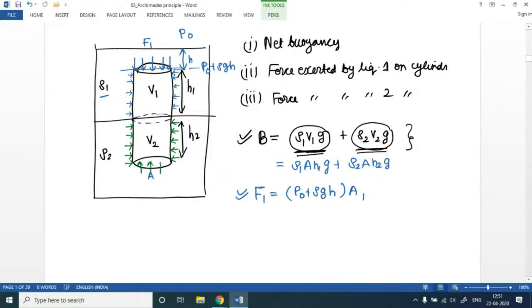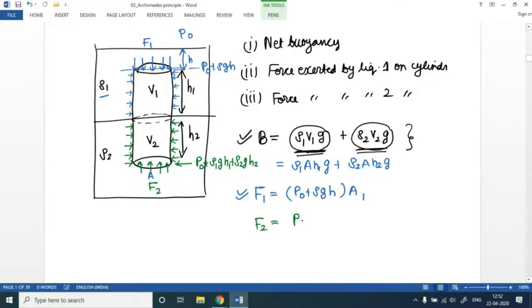The liquid will be exerting force through the bottom contact only, and the pressure over here would be P naught plus rho 1 GH1 plus rho 2 GH2. So this force F2 is going to be the pressure over here.